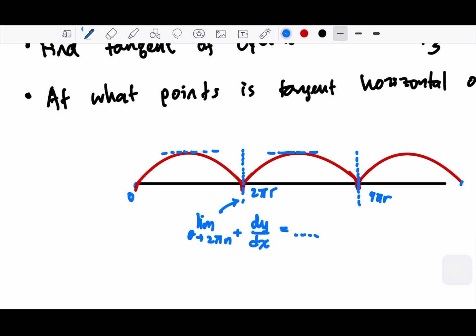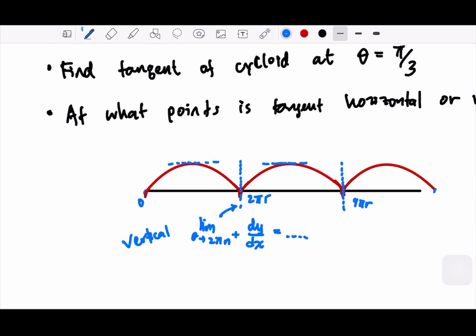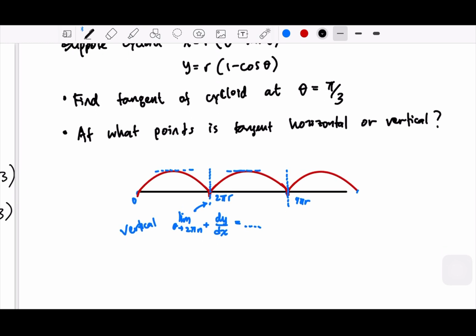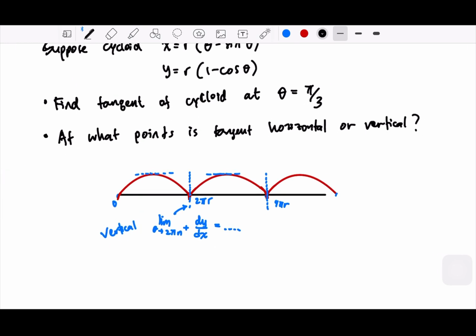So this is how you find the vertical on the cycloid, the vertical tangent. And the rest is actually the same as we done on just a normal parametric, okay? So yeah, you can try by yourself for the cycloids.